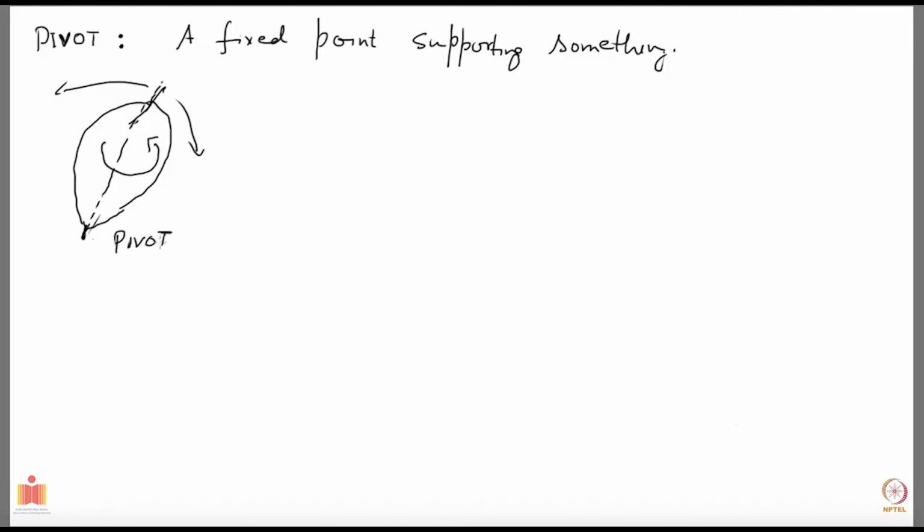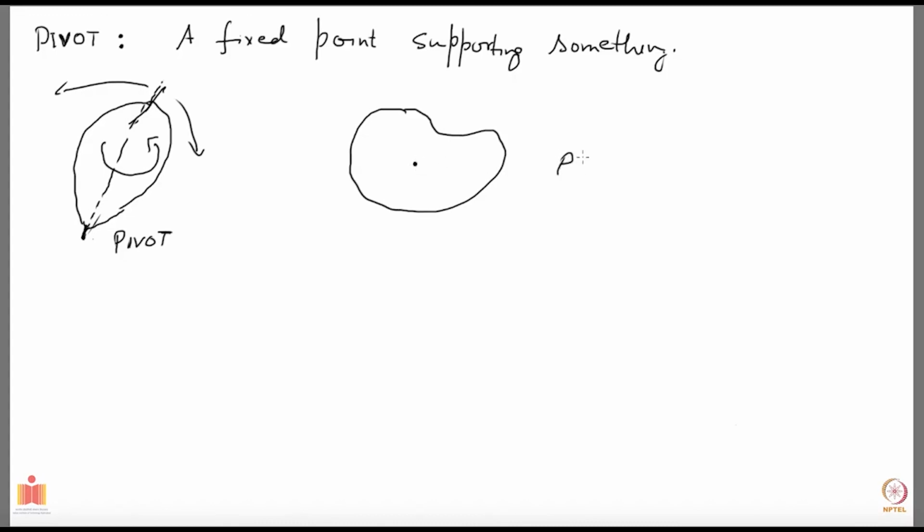You may not necessarily have cases where the pivot is like this. You may have a fixed point somewhere in the body. So you can fix a point somewhere in the body, and then you ask about its motion. With that point always being there, stationary, that could be a pivot.